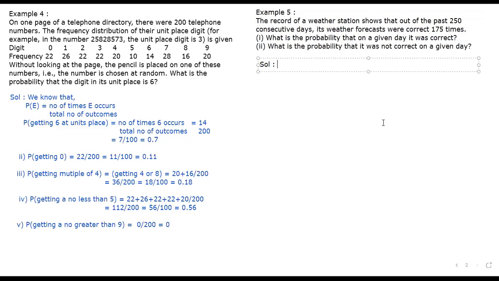Yes, sir. Solution. Let me write in the solution part: 175 times the forecast was correct out of 250 days.